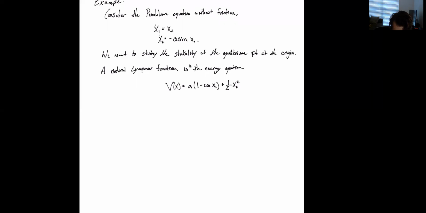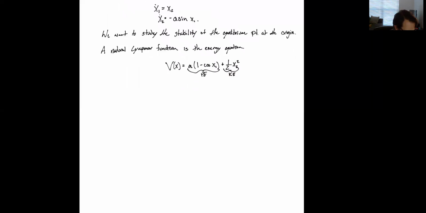This first term is the potential energy, and this term is the kinetic energy, the components of the energy equation. If you know mechanical engineering, this would be the potential energy and the kinetic energy components.